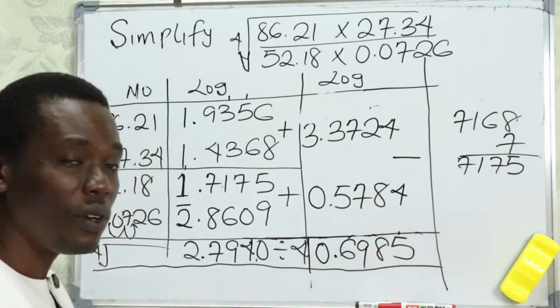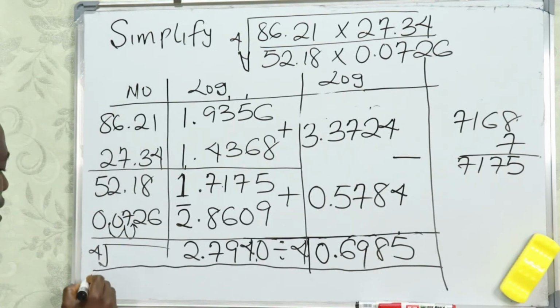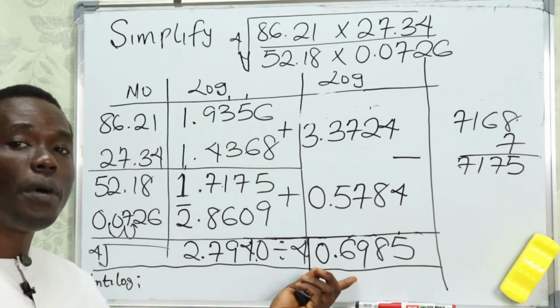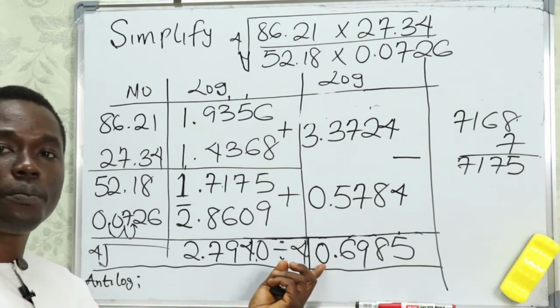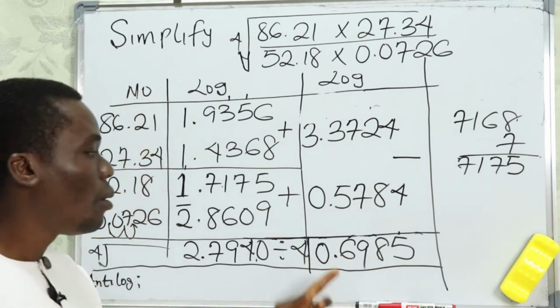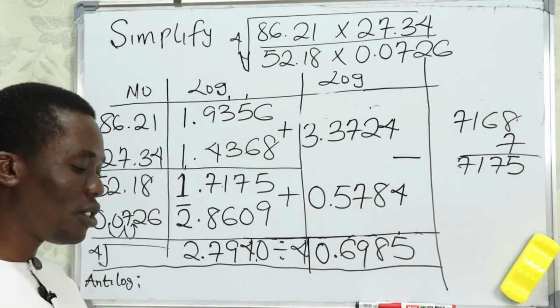Good. So having gotten that, what we need to now do is to find the antilog of this value. Now remember the integer here is 0. Now we're going to look for the anti-logarithm of 0.69 under 5, and then a difference of 5.